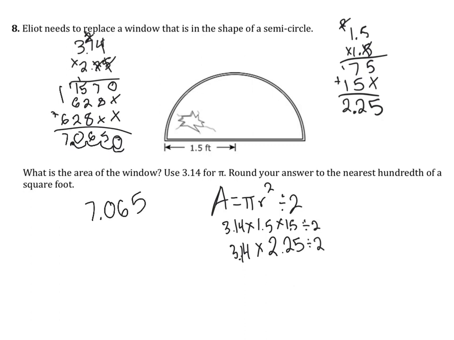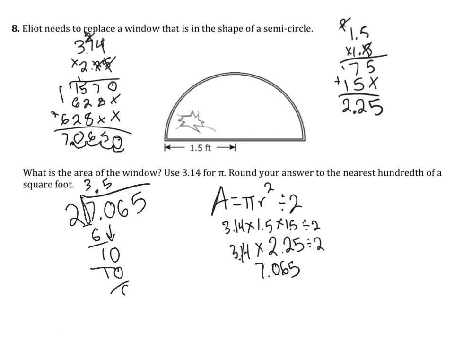Now we need to divide by 2. Last step. So I'll rewrite that down here, 7.065. Now we're dividing by 2. 2 goes into 7 3 times. That's 6. Subtract. Bring down our 10. Bring our decimal straight up. 2 goes into 10 5 times.